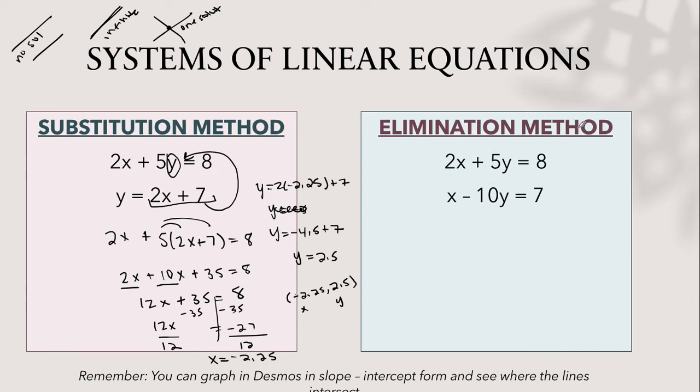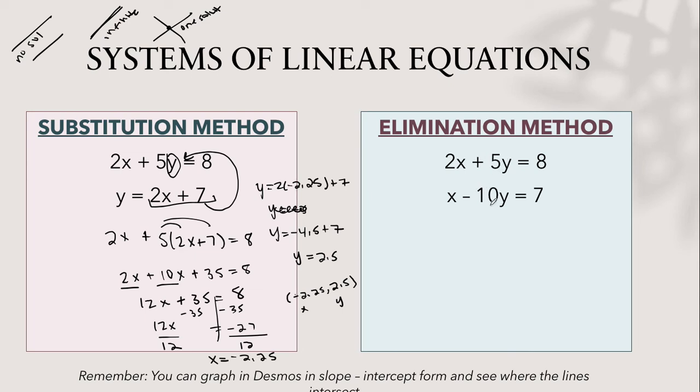All right, and then there was elimination method. Our goal for elimination method is to get the coefficients the same and opposite signs. Well, if I'm just looking at the y values, they already have opposite signs, but the coefficients aren't the same.